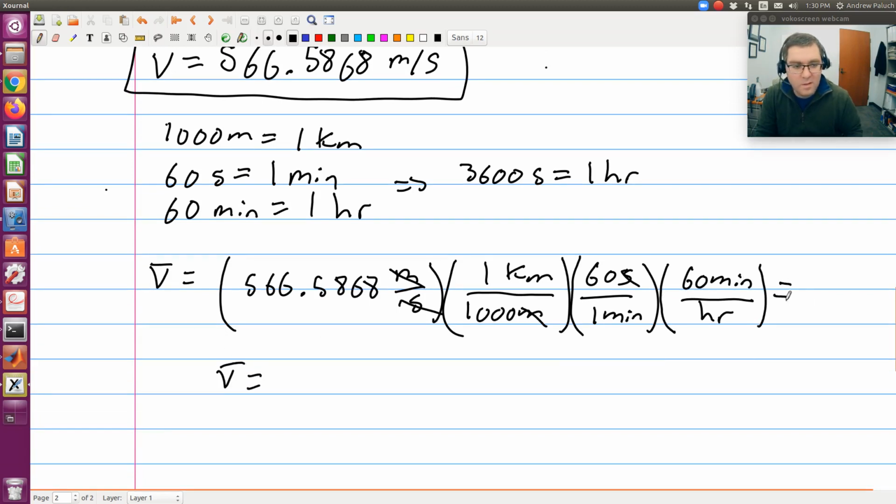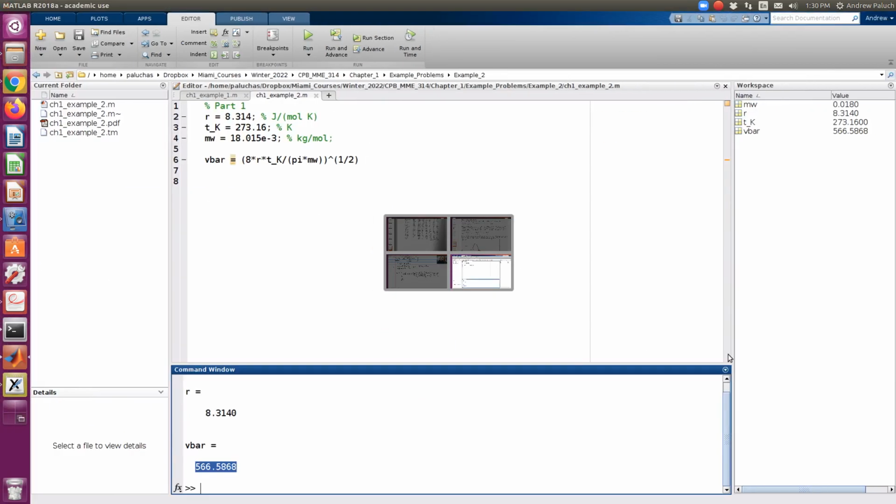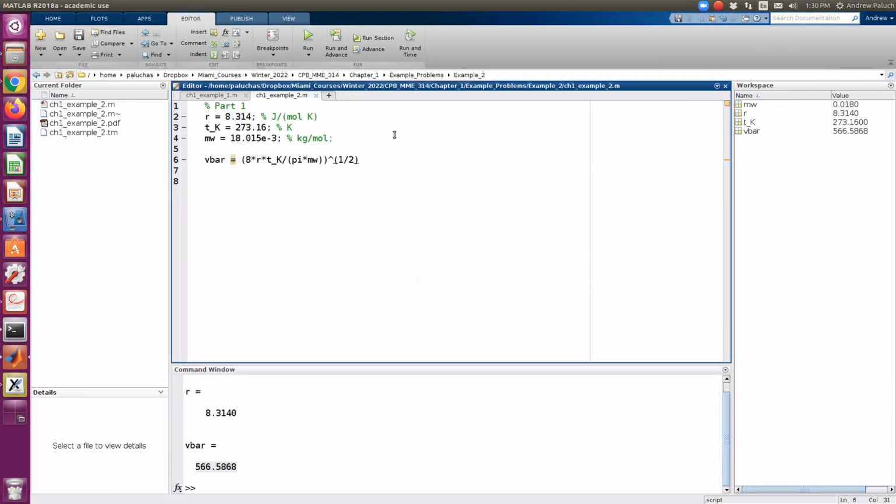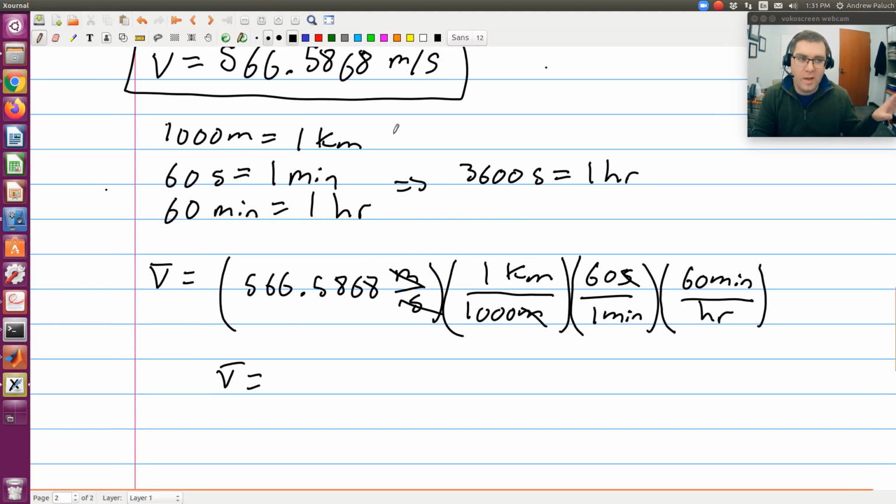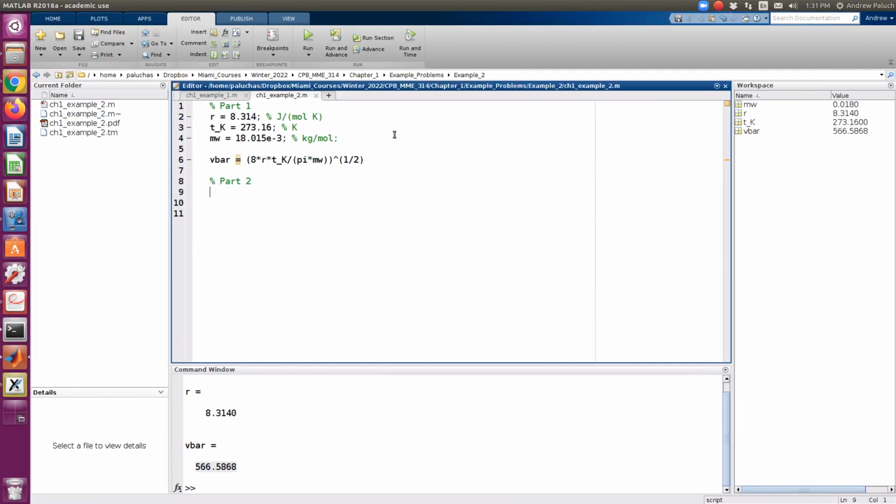So my velocity then is equal to, so if I come back over here, again, I'm putting it over here, so it makes me a little slower, but this way I can provide that MATLAB script to you and you can completely reproduce exactly what we have. So first factor would be kilometers to meters.